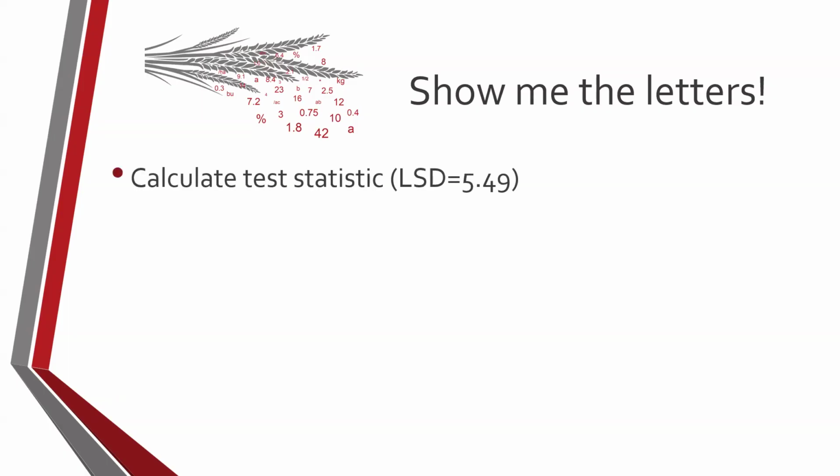We'll be doing the LSD mean comparison here. First step is to calculate a test statistic, and that's going to be used to perform the comparison of means. Here with the LSD, the calculation comes out to 5.49 for that data that we were using before.